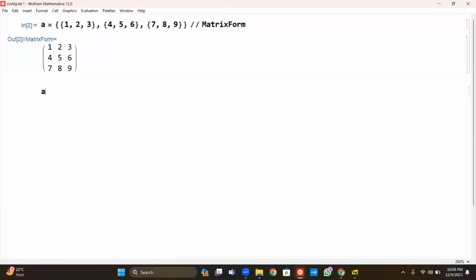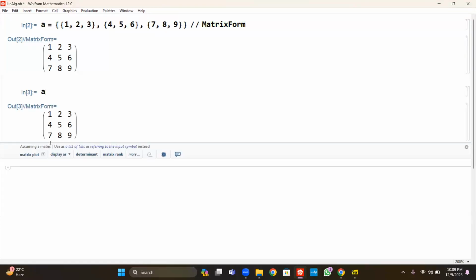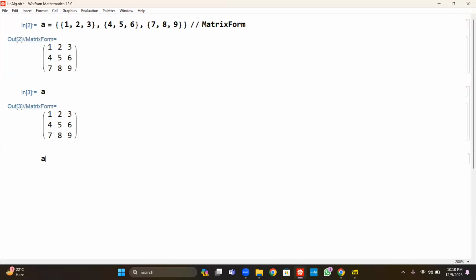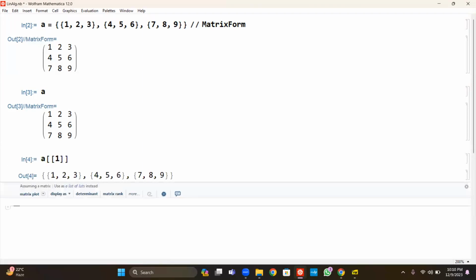Now, since I have converted it into matrix form, implementing further manipulations on this is going to be tricky, because, for example, we have seen that if you want to access the first row, you can just write A[[1]], but this no longer works because we have converted it into matrix form.